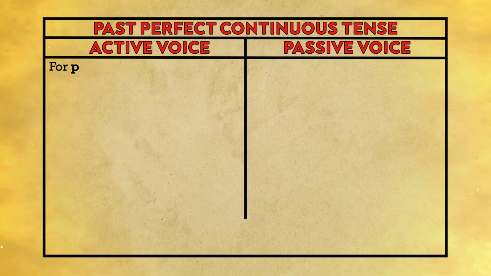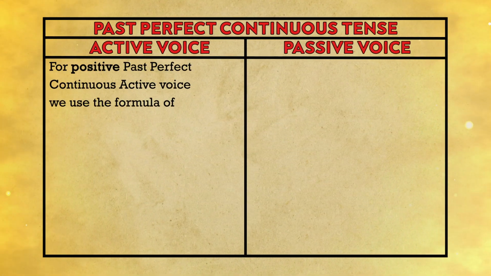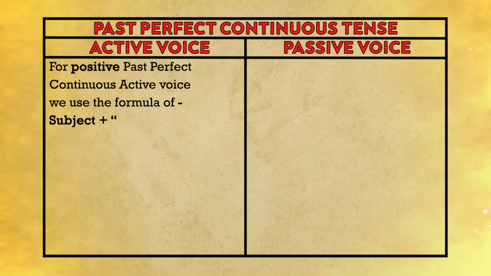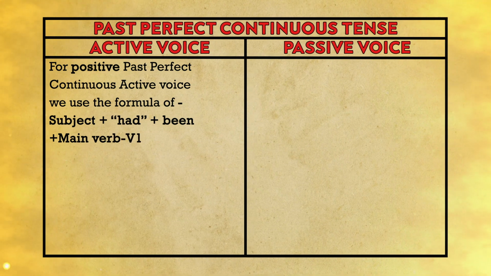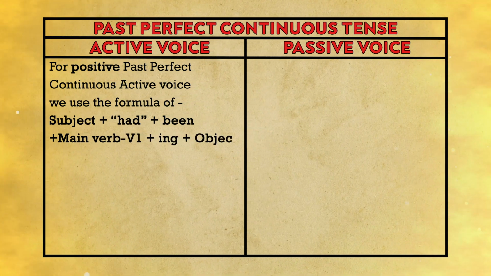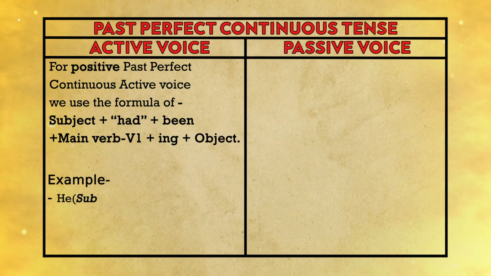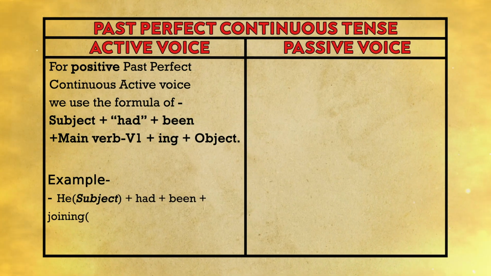So the structure for the active voice in the past perfect continuous tense: subject plus had been plus main verb plus ing plus object. Example: he had been joining the party.